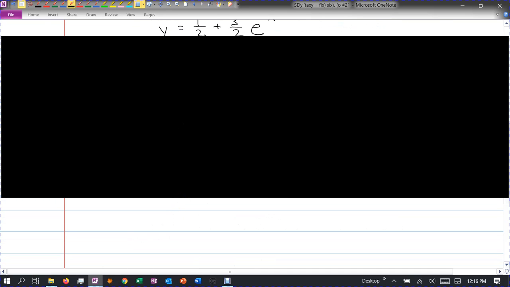E to the x squared times y. And we multiply the right side by that also, but that's just 0 still. So this will be nice. This will just be e to the x squared times y when we integrate, and the right side is just some other constant. And so y is equal to c sub 2 times e to the negative x squared, dividing both sides by e to the x squared.